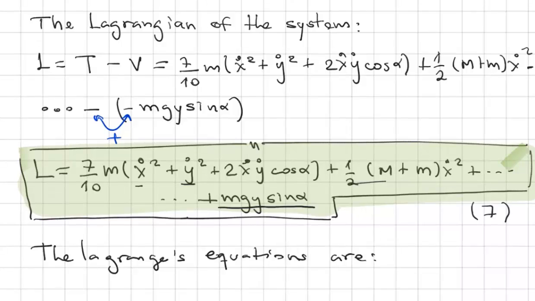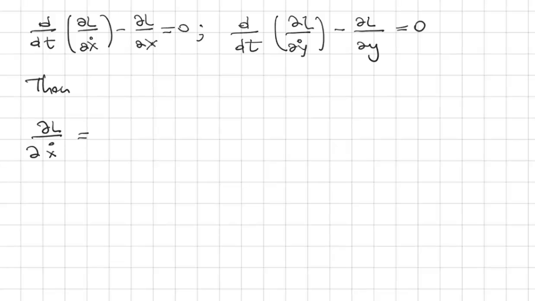So it's the derivative of this term with respect to x dot. It's going to be 7/10 of the mass. The derivative of x dot squared is 2x dot.